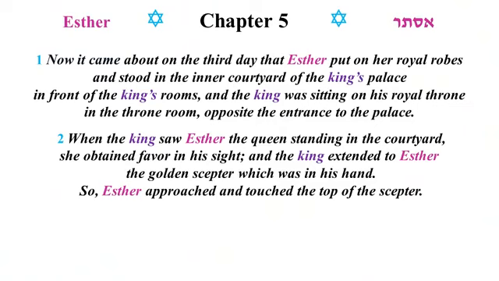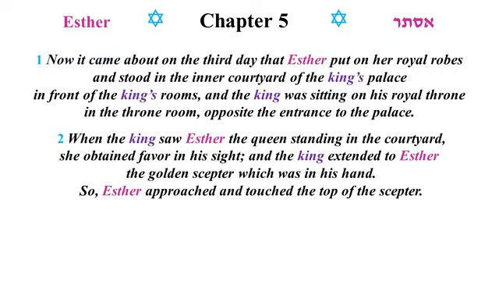Now it came about on the 3rd day that Esther put on her royal robes and stood in the inner court of the king's palace in front of the king's rooms. And the king was sitting on his royal throne in the throne room opposite the entrance of the palace. When the king saw Esther the queen standing in the court, she obtained favor in his sight. And the king extended to Esther the golden scepter which was in his hand.